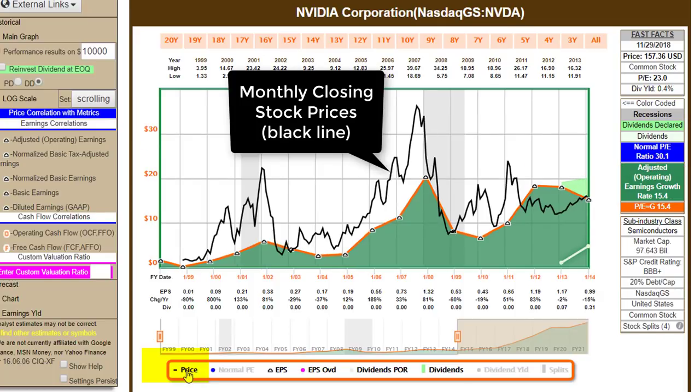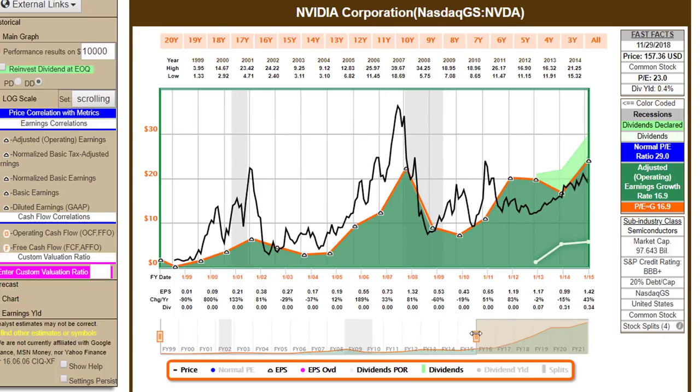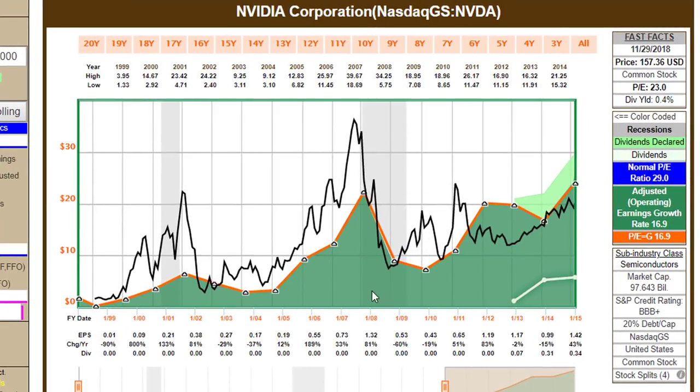If I put monthly closing stock prices on the graph, you'll see that there were periods of high valuation, but there was this constant reversion to the mean where this 15 PE ratio became a very relevant valuation reference for this company. And that continued during a time when the company's earnings growth rate was averaging about 16.9%, but it was also during a time when the company's earnings growth was very cyclical, we'll call it, periods of very fast growth, which justified this valuation.